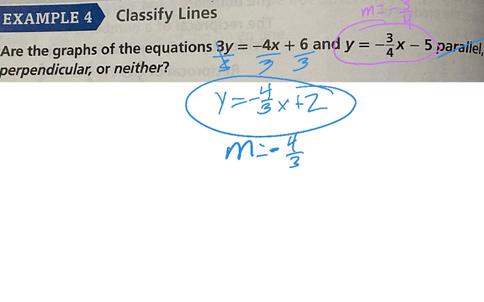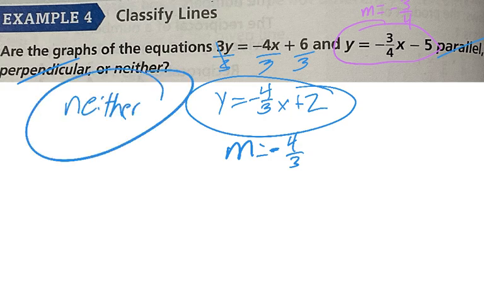These are the same sign and reciprocal. So it's not perpendicular. So these are neither. So what's the most common mistake that you guys think you might make? The sign. That's why I tried to break it down as 2 steps. Don't just say opposite. It has to have opposite sign, and it must also be the reciprocal. You need both of those to be true.